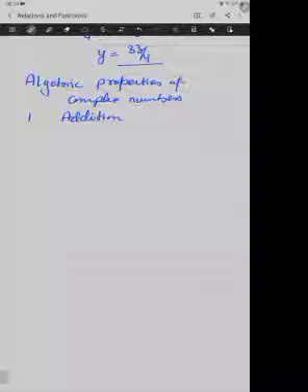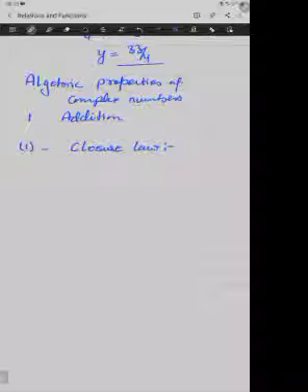First property is closure law. What is closure law?